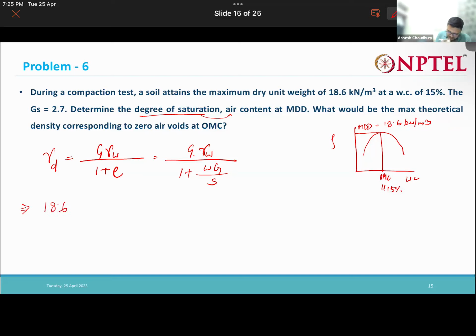So this is given as 18.6 is equal to 2.7.